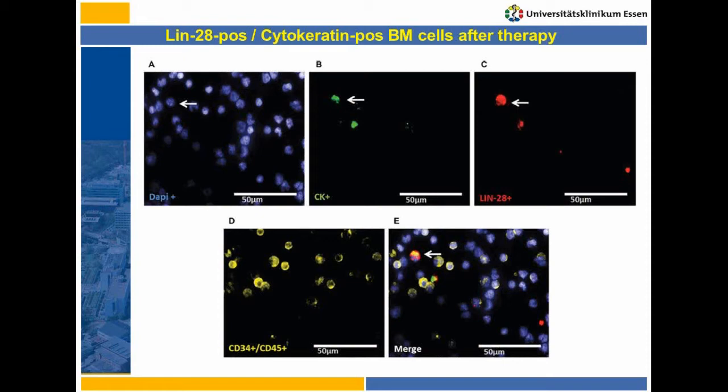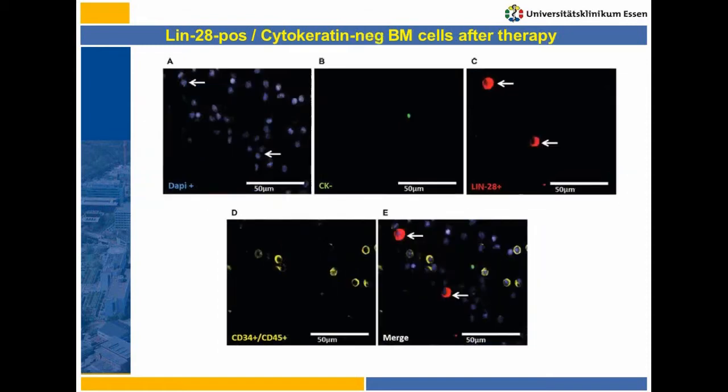And in image E, you see a Lin28 cytokeratin positive cell in the bone marrow of a patient after therapy. Quite interestingly, we also found cells that were Lin28 positive, CD34, CD45 negative, and also cytokeratin negative. And comparable results were also obtained for the stem cell marker SOX2.